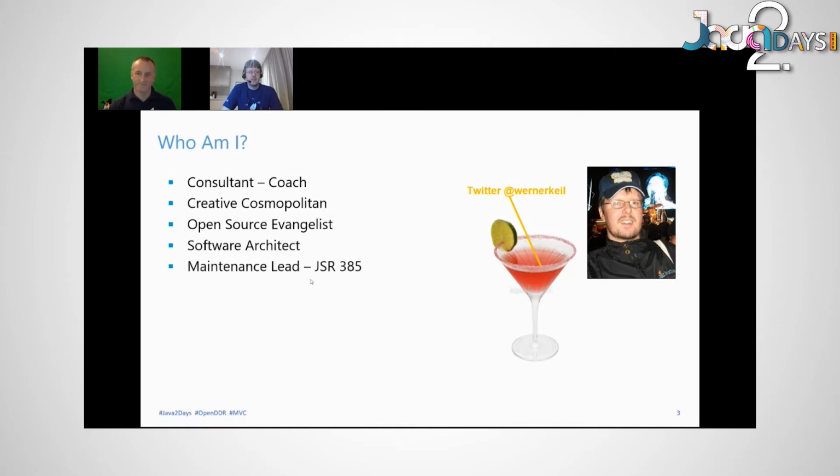I'm a maintenance lead of the units of measurement JSR. And I also took over as one of the maintenance leads of the Java Money JSR. And I'm also the committer representative in the Jakarta EE spec committee.